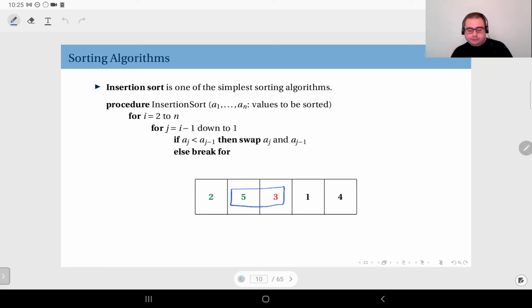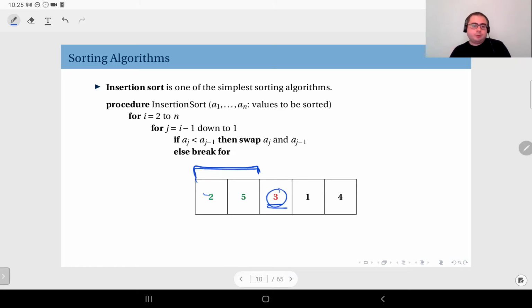Actually, when you look at this in this way, if you compare 5 to this only value here, it's in the correct position. So in the next iteration, this becomes the sorted portion. And then you take the next value 3, and you would like to insert this value within this sorted portion so that its position is correct.